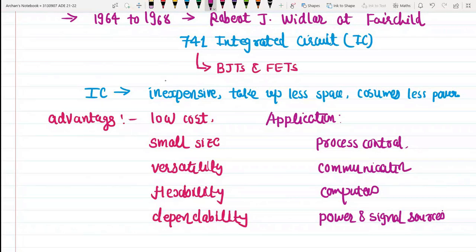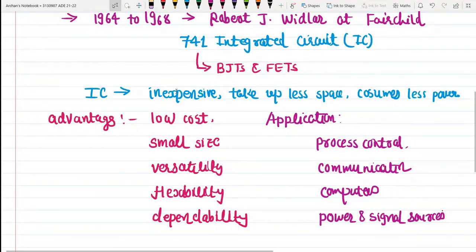Some measuring instruments and displays are also there. In each and every electronic component you will find these integrated ICs, which are used for mathematical operations like addition, subtraction, multiplication, etc.